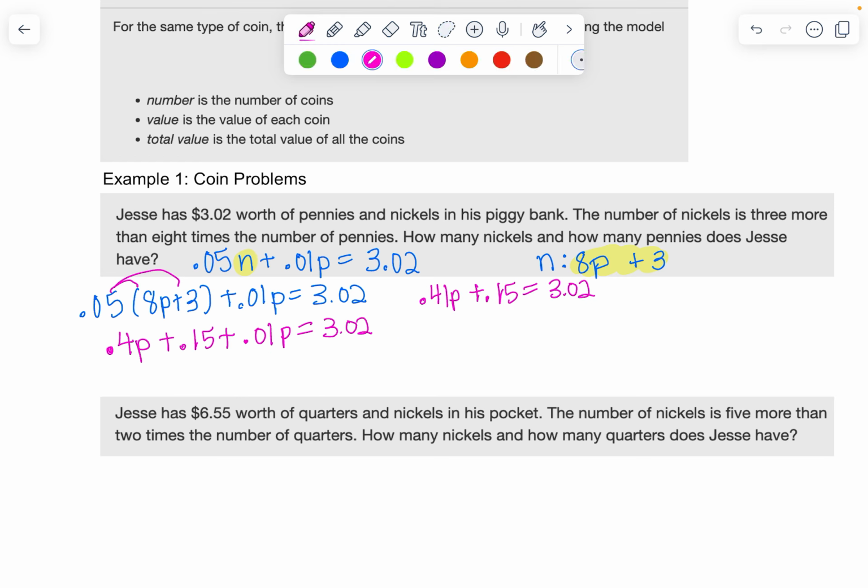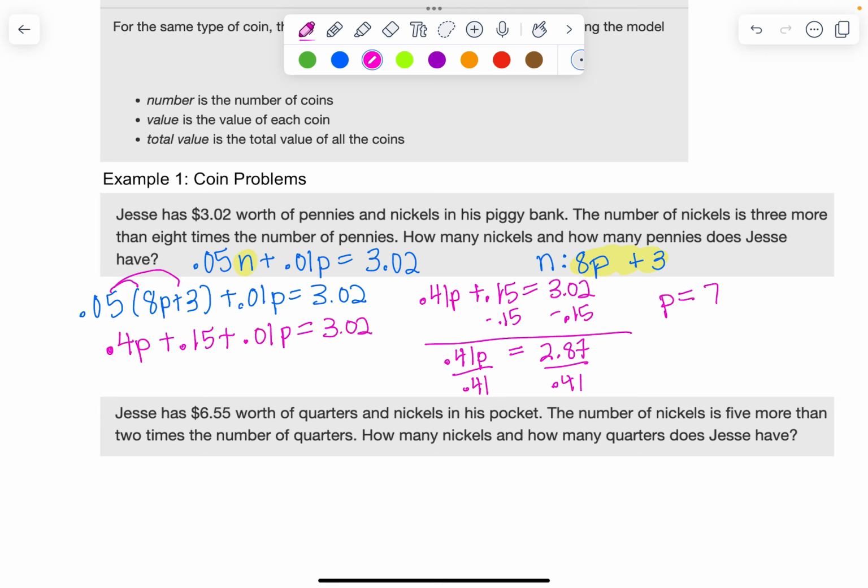Then if we subtract 0.15 from both sides, we get 0.41p equals 2.87, or $2.87. And then finally, dividing by 0.41, we get that the number of pennies is 7. And then we know the number of nickels is 8 times the number of pennies plus 3.